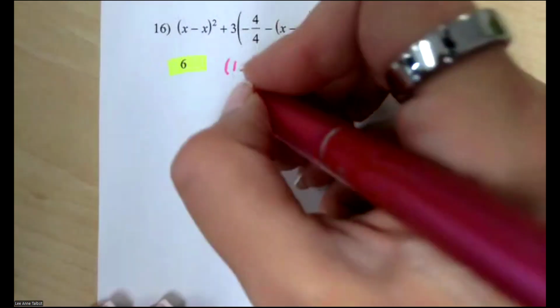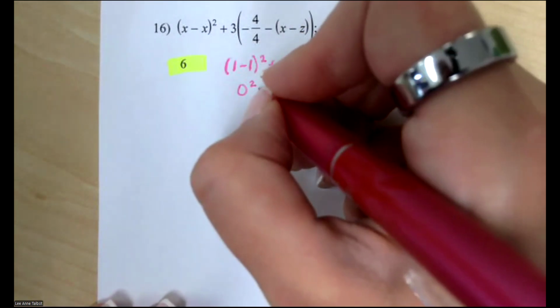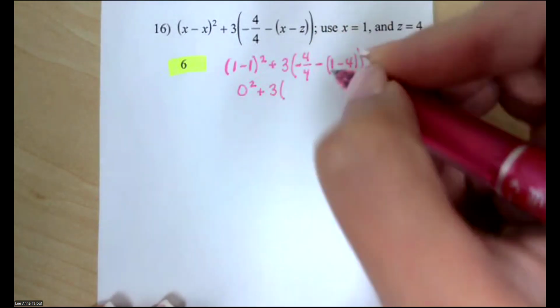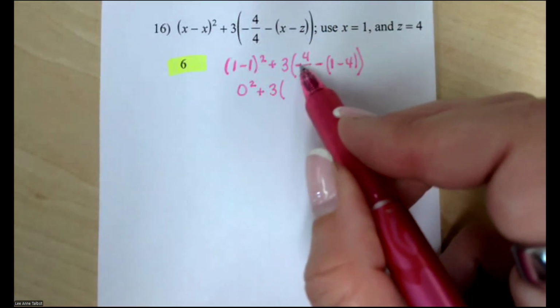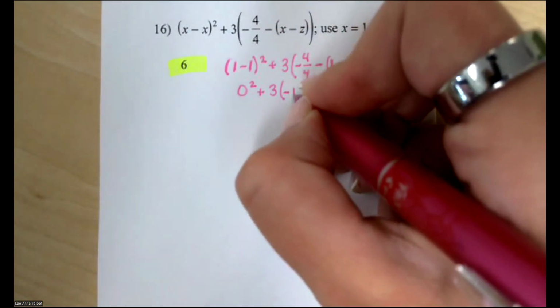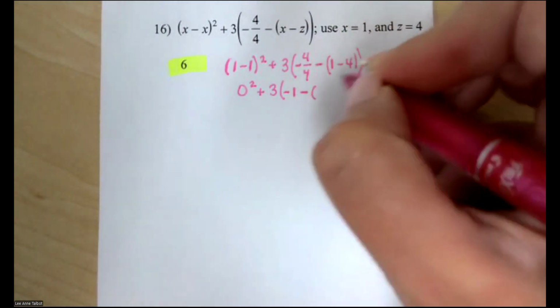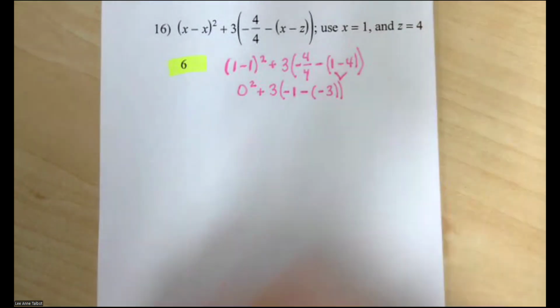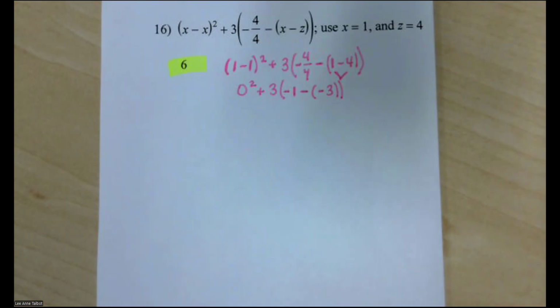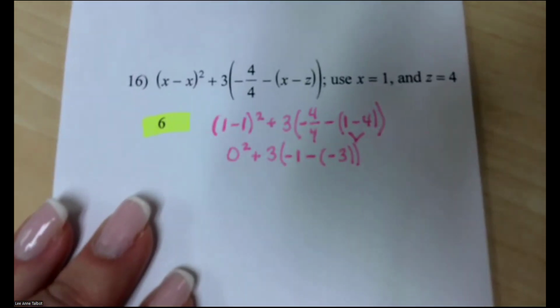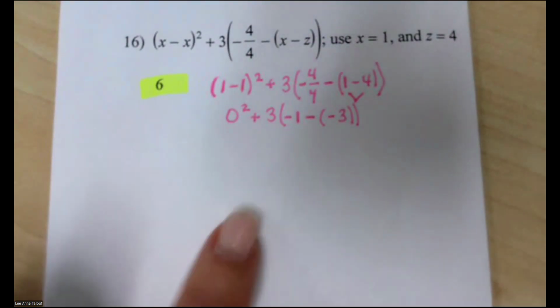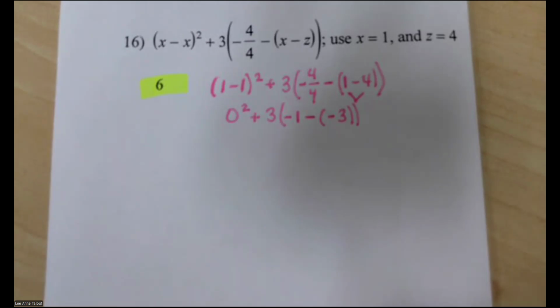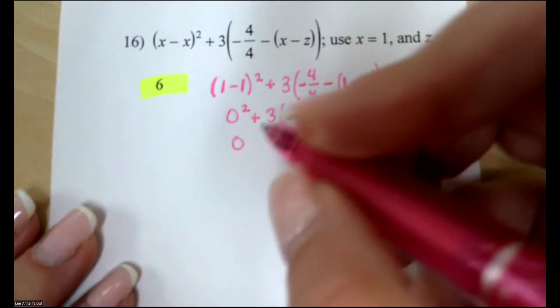Okay. 1 minus 1 is 0. 0 squared plus 3 times -4 divided by 4 is -1 minus, and then I'm going to combine those two guys in the parentheses to make that -3. Okay, 0 squared is 0.